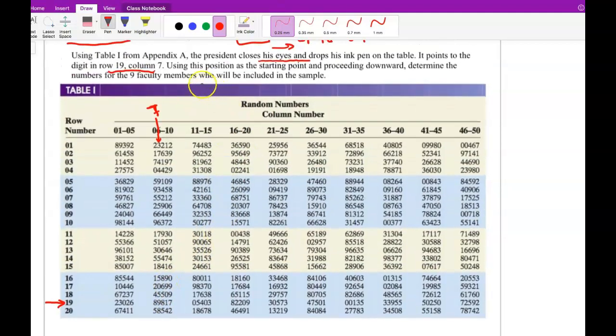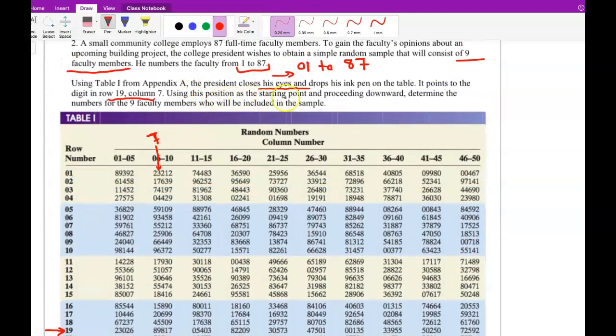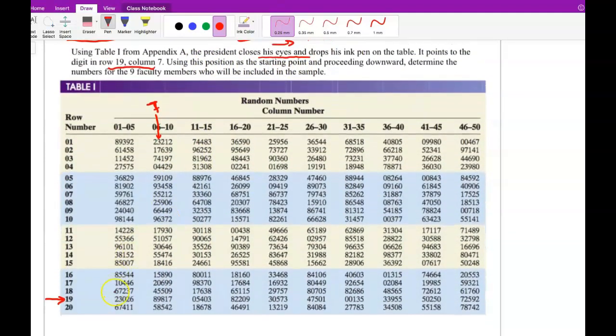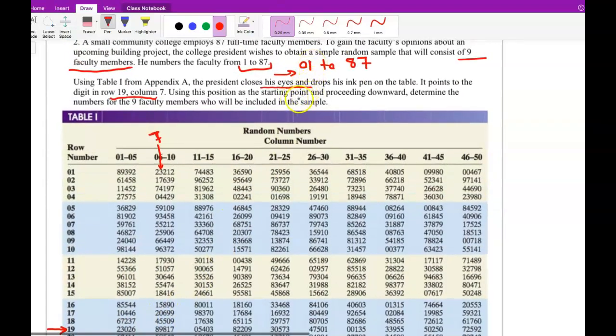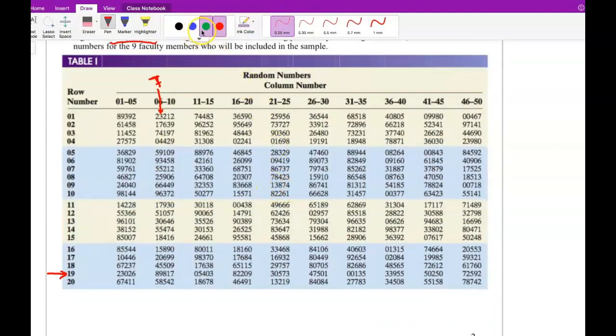Using this position as a starting point, row 19 and column 7, and proceeding downward, determine the numbers for the 9 faculty members who will be included in the sample. Okay, let's choose these.